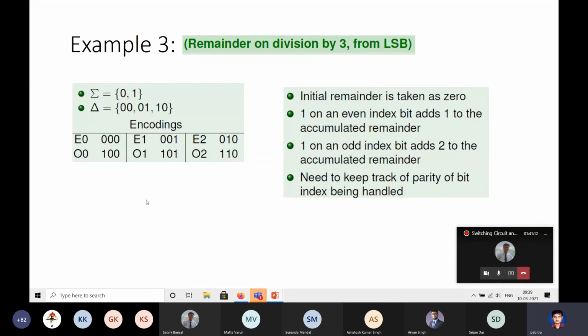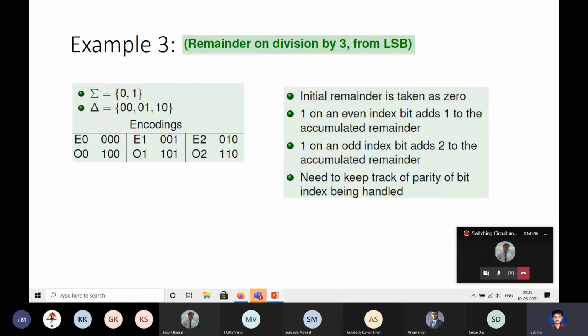It's all written down in this rule. Similarly, E0 on input 0, what state does it transition to? This is not written down here, but can you tell me? O0. Very good.